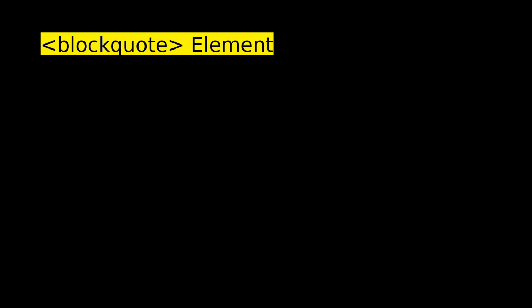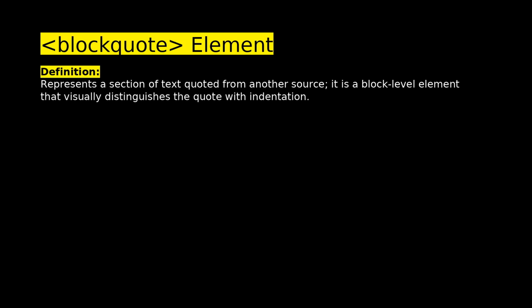Now, another element over here, which is the blockquote element. The blockquote element is used to represent a section of text quoted from another source. It is a block-level element, meaning it creates its own block on the page, which visually distinguishes it from other text.